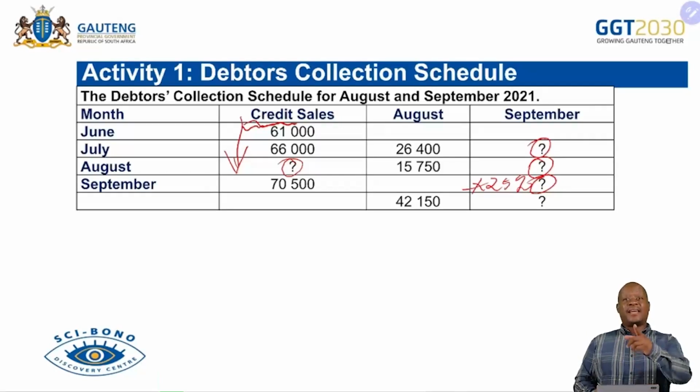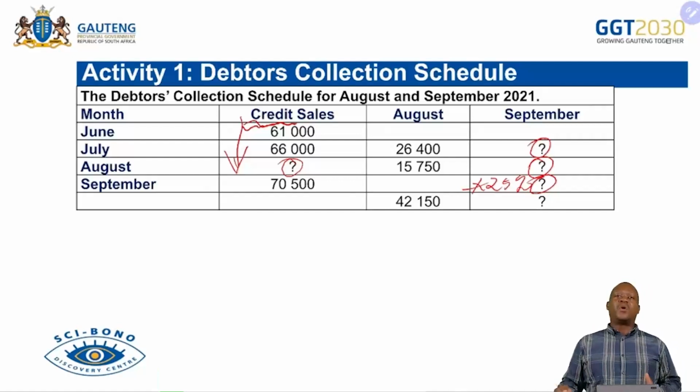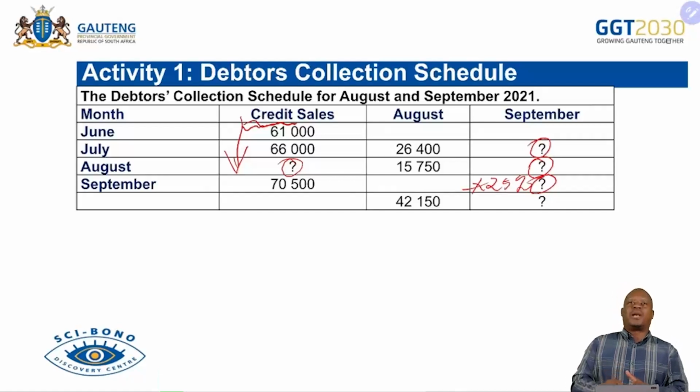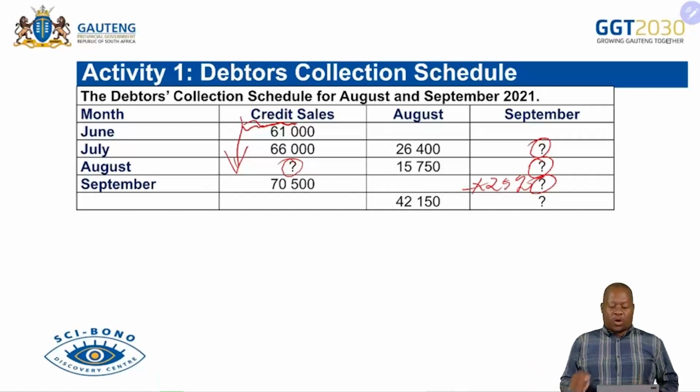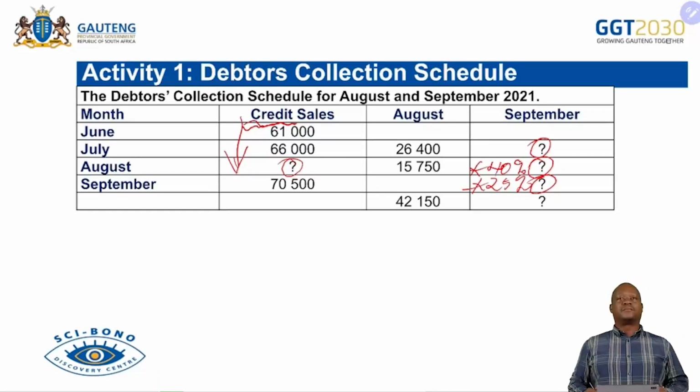And then they are saying 40% is collected 1 month after the month of sale, which means if we are collecting in September, it should have been sold in the previous month. Sold in August to be collected in September. So where August and September meet, that's where we are going to have our 40%. Are you following? Check here.